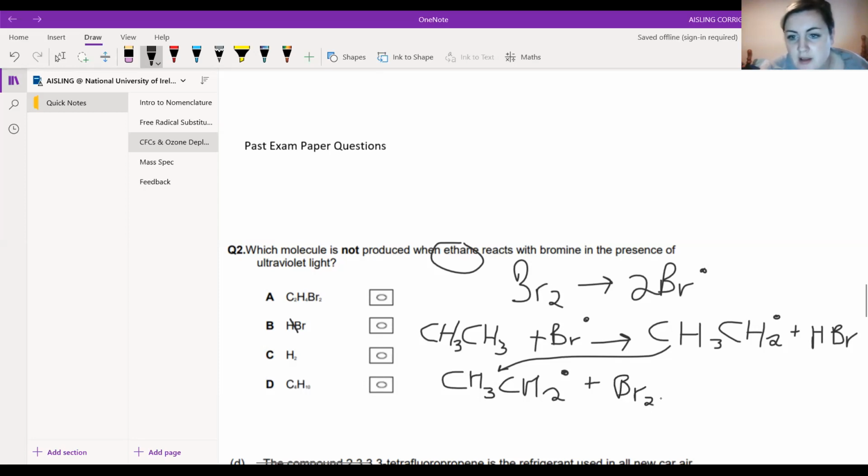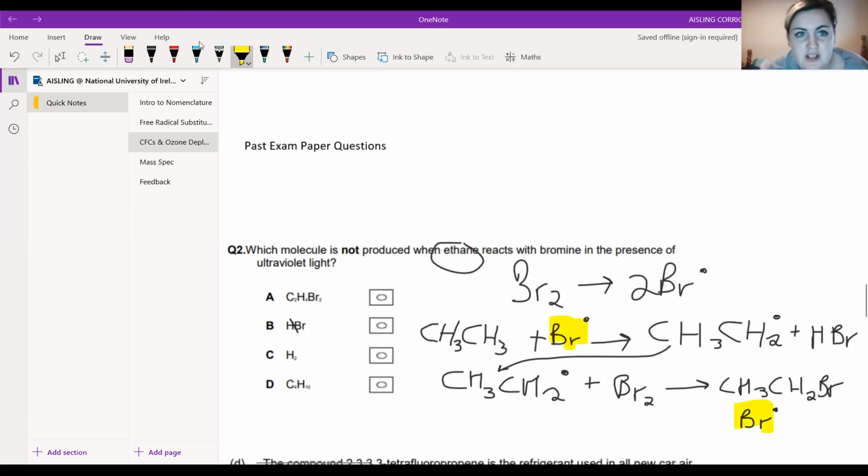And it's going to grab one of the bromines. And I'm going to make CH3 CH2 Br and a bromine radical. As always, propagation will form and regenerate our radicals.